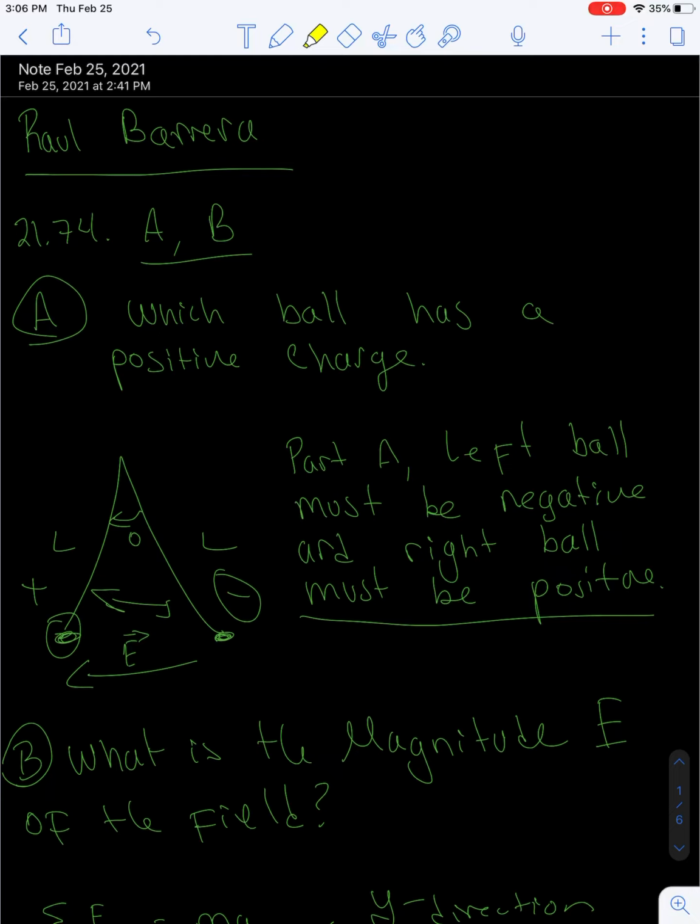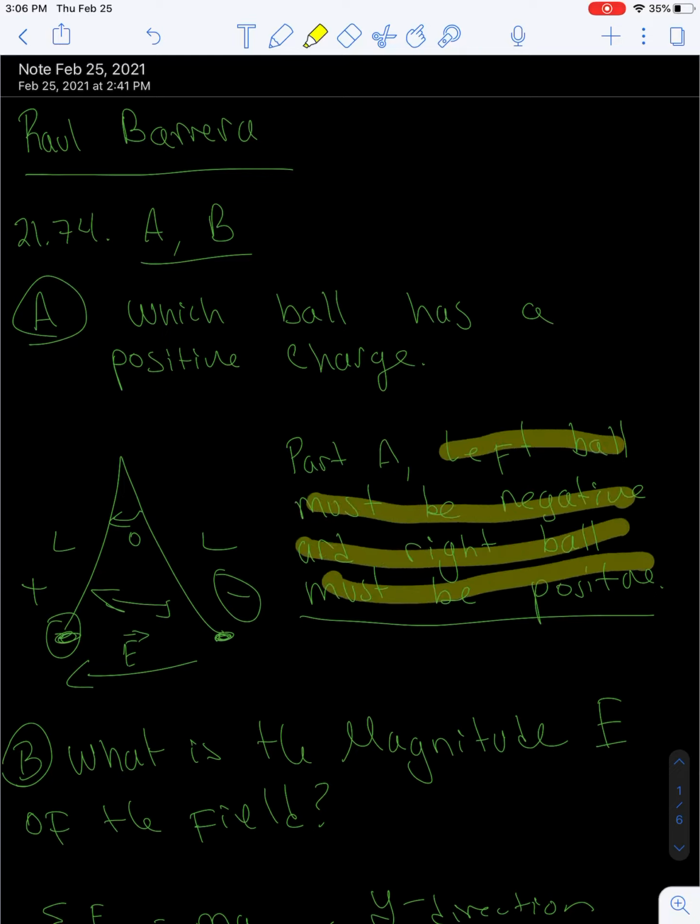So the direction of the electric force on the right-hand side must be negative, and the electric force on the left side must be positive. When this happens, the left ball must be negative and the right ball must be positive. This will cause them to come back to their original position, which they are doing by attracting one another.